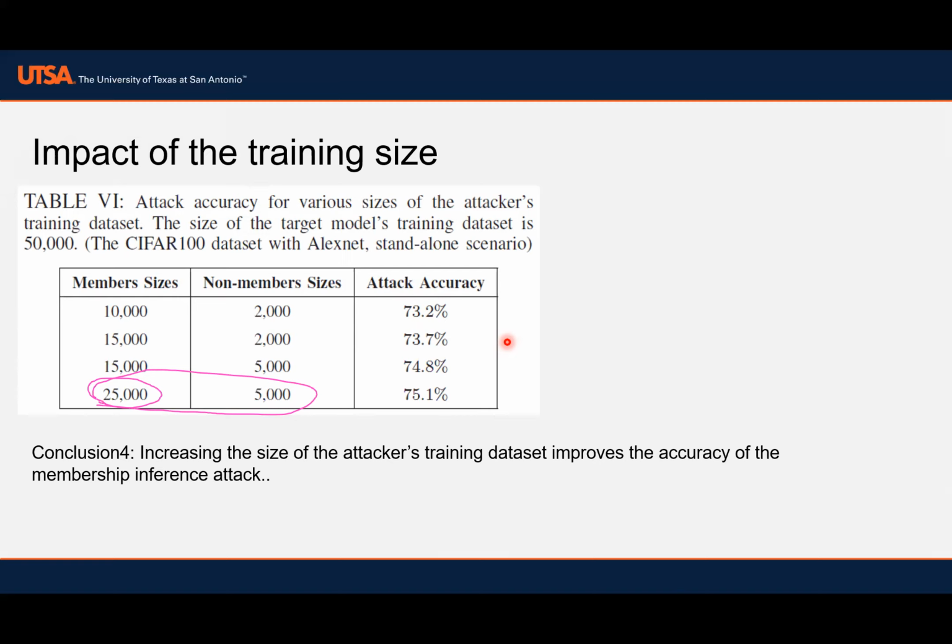Yeah. He can also collect 5,000 non-member data samples. Then this is my accuracy. Yeah.